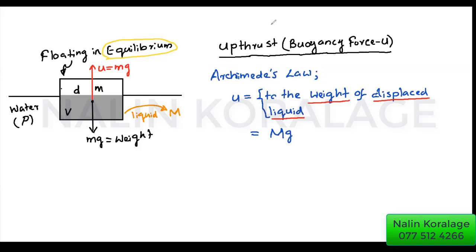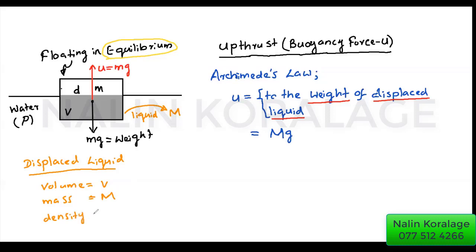The volume displaced is equal to the volume of the object underneath the liquid level, which is V. The mass of the displaced liquid is capital M. The density of the displaced liquid is also the same, rho.